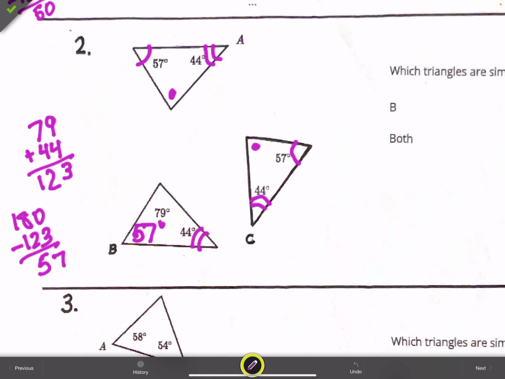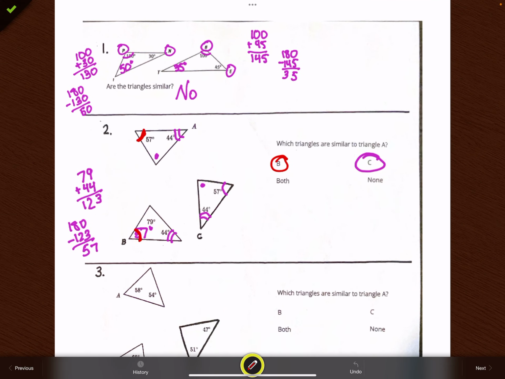Now, once I do that, what I should notice is, look, 57, 57, they actually are congruent. Okay, so triangle A is also similar to triangle B, because again, you have angle, angle. Okay, you only need two pairs.